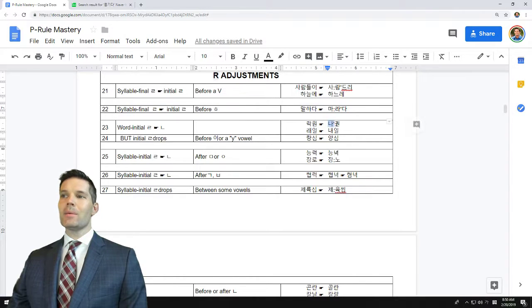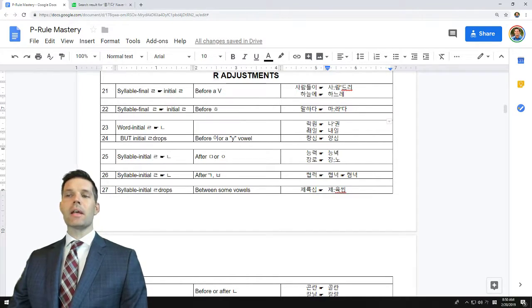So a lot of times people will just spell it like 낙원, like paradise, or 내일, or 양심. But sometimes you'll see them written this way. So if it starts, a lot of times this is how you're actually going to pronounce it. Is that the ㄹ becomes an ㄴ, or like an N sound. So 양심, 내일, 낙원, those types of situations.